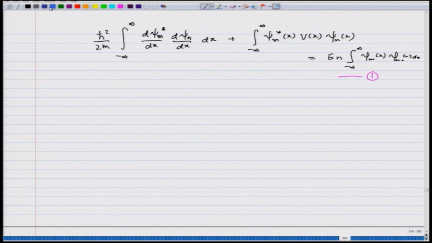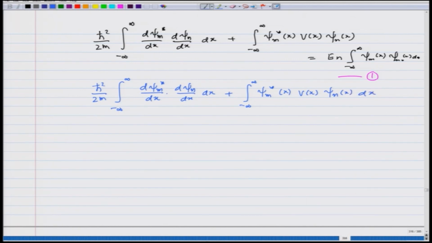And equation number 2 is ħ² over 2m integral (dψm*/dx)(dψn/dx) dx plus integral ψm*(x) V(x) ψn(x) dx is equal to Em integral ψm* ψn dx. There should be a star on top also. This is my equation number 2.